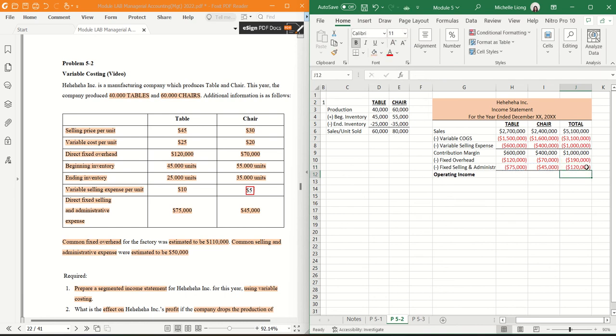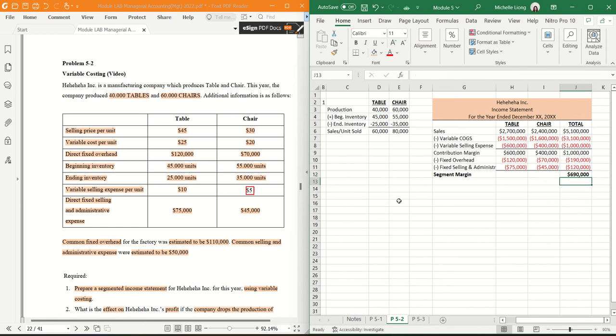And right there we have our segment margin. So for this segmented statement only, this is actually our income.